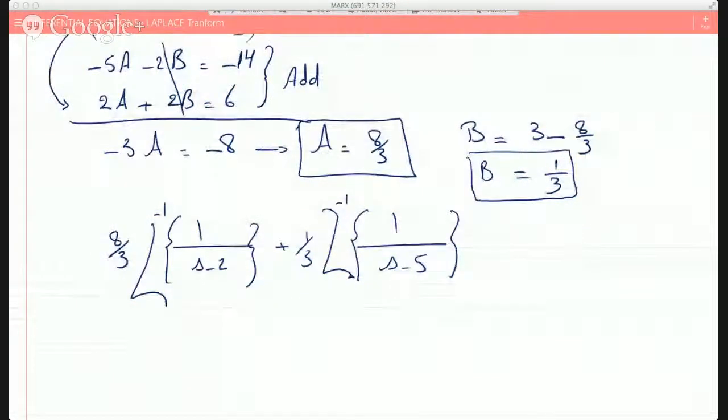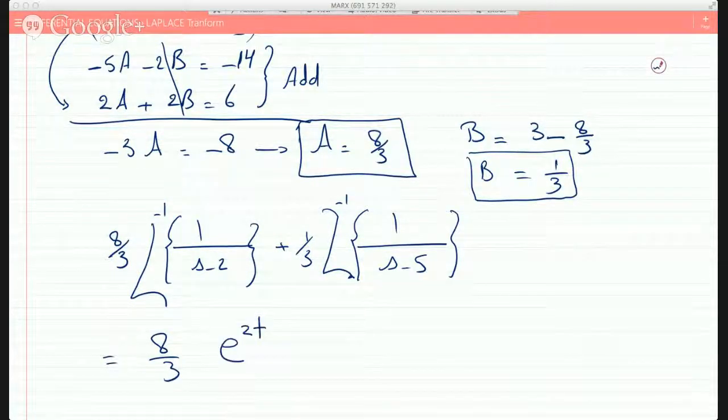And now those can be easily gotten from the table because they're fairly straightforward. So you can see that this is 8/3 times 1 over s - 2. A is 2, so this becomes e^(2t), plus 1/3.